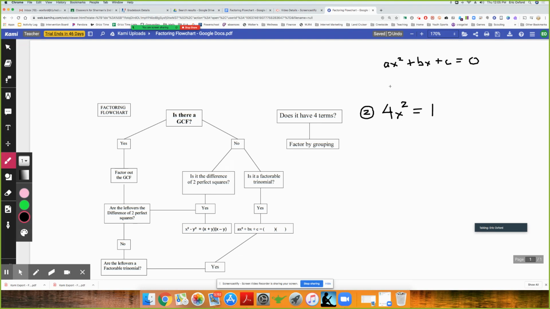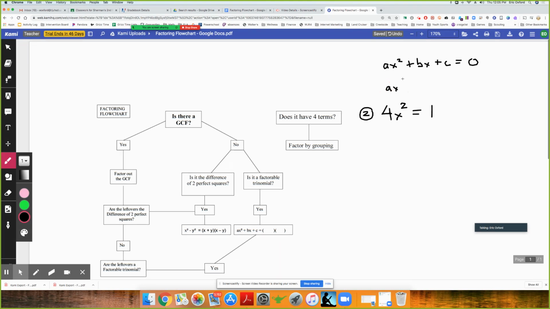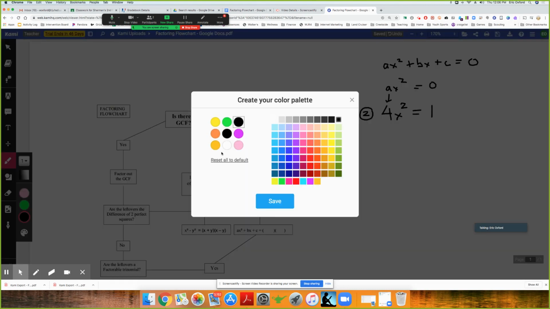What we're looking at here is ax squared, and it's not set to 0, it's set to 1. But what do you notice about the a term here? It is even.